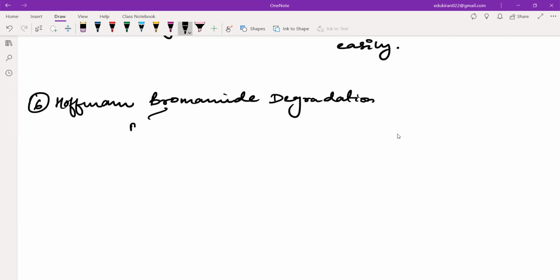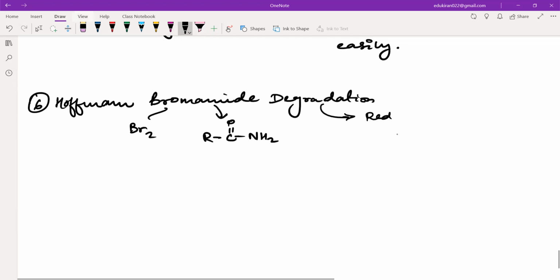So there should be some Br2, bromine should be there. There should be amide, so an amide group should be there. So you should have some R, C double bond O, and NH2 group there. Now degradation. Degradation means reduction, not reduction in the sense, but there will be a less number of carbon in the product.